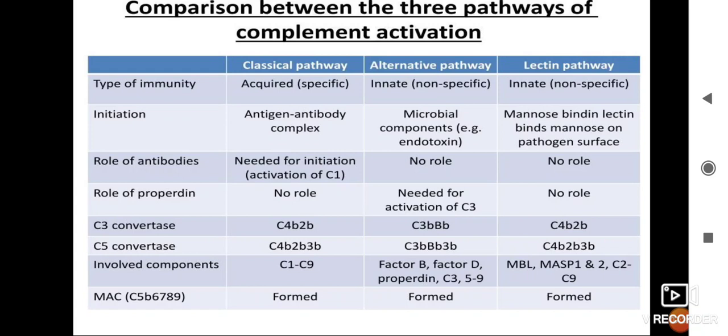The C5 convertase enzyme is the same for the classical pathway and the lectin pathway, but it is different for the alternative pathway. The components involved in the classical pathway are C1 to C9, but in the alternative pathway factor B, factor D and properdin also play a very important role. In the lectin pathway, MBL and the MASP1 and MASP2 proteins play a very important role.